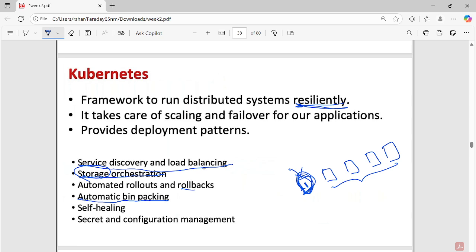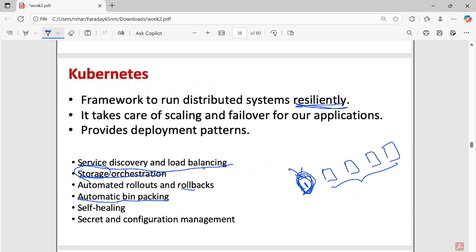We can allocate that also. This particular container will require this many CPUs, and this is the memory which could be required by this container. So Kubernetes is going to fit or allocate the containers to those nodes which are going to make the best use of the resources. So we will ensure that resources are used very efficiently.